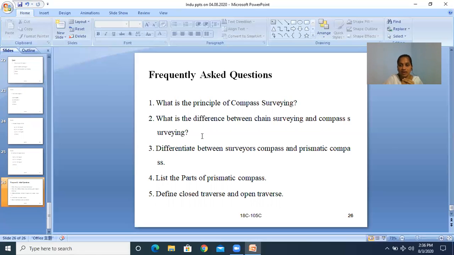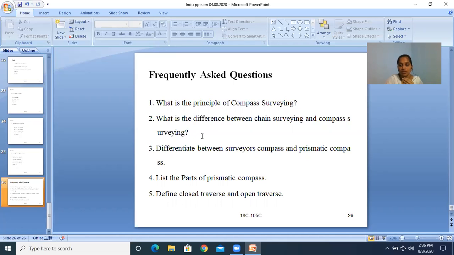In order to measure angular measurements, we are going to a new instrument called the compass, and we have seen the purposes of compass surveying, the limitations of compass surveying, and the principle of compass surveying.